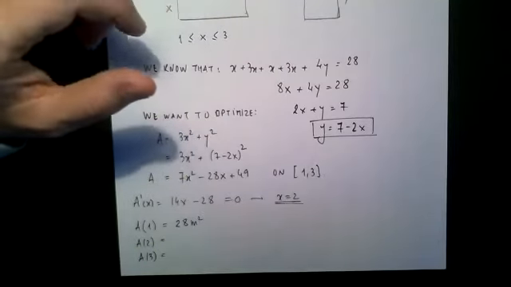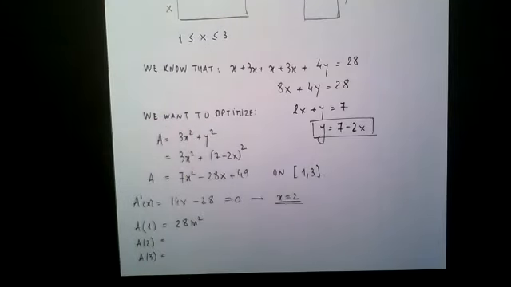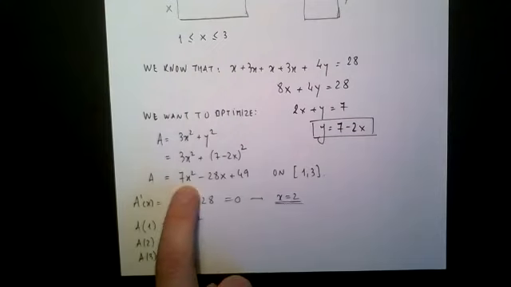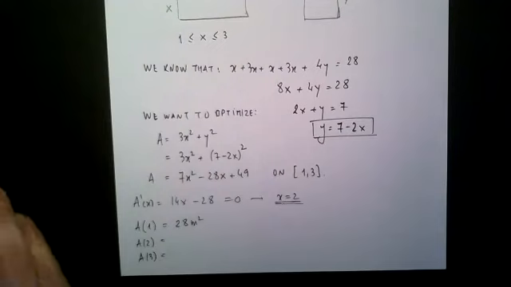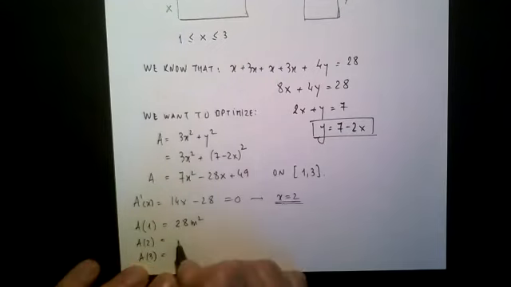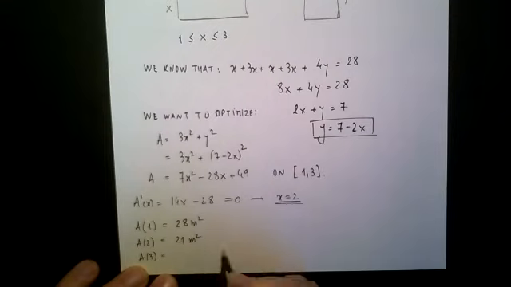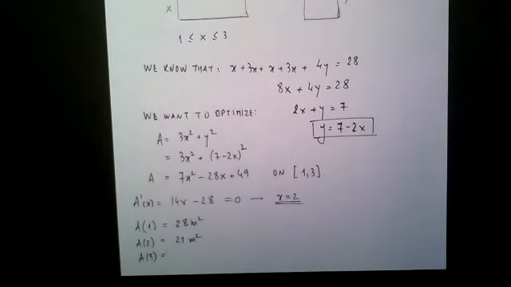At 2, I think I need a calculator for this. So at 2, I get 28 minus 56 is negative 28. So 49 minus 28 is 21. And at 3, I get 63 minus 28 times 3 plus 49. Oh, 28 as well.